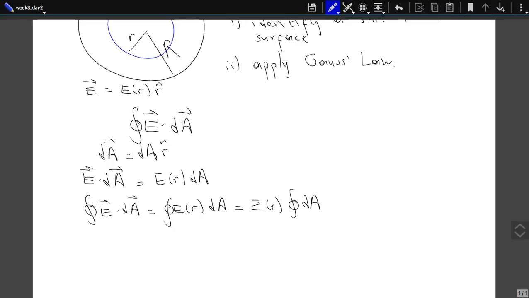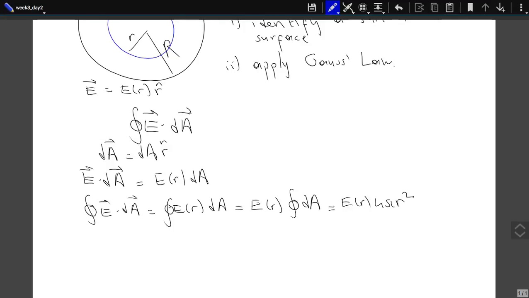Now this is the sum of the areas of all the patches making my sphere, but that would just give me the total area of my sphere. This is E of R times 4 pi r squared. So this is the integral of the electric field over the area.